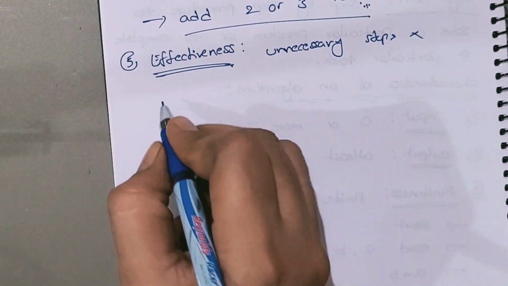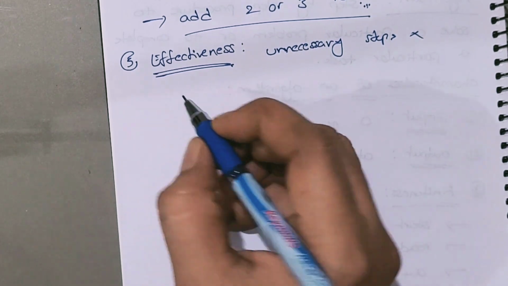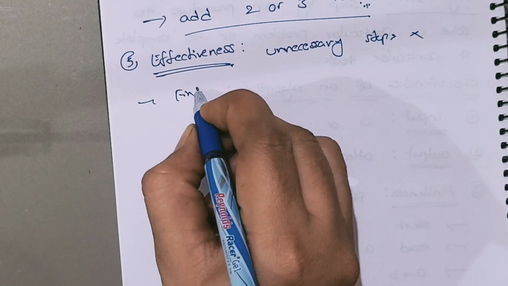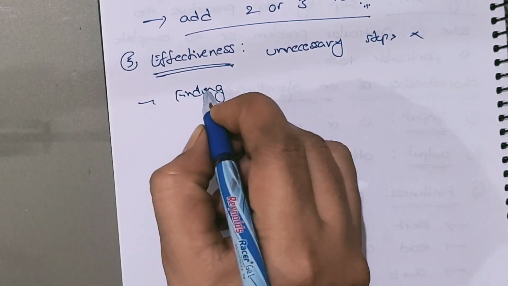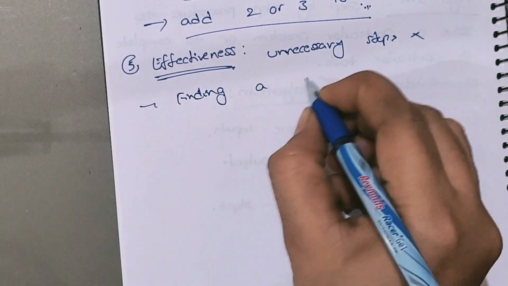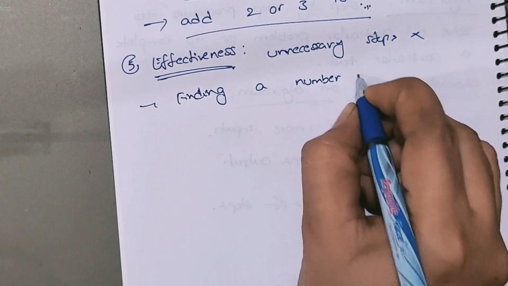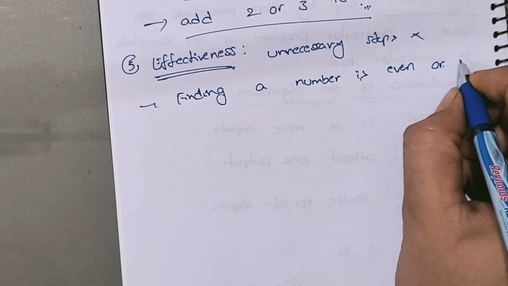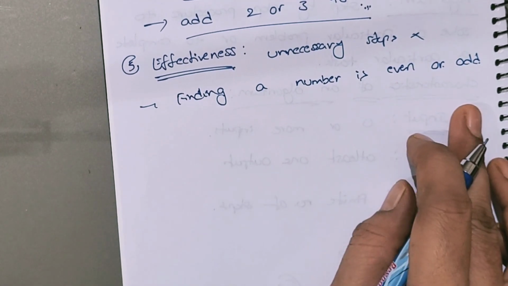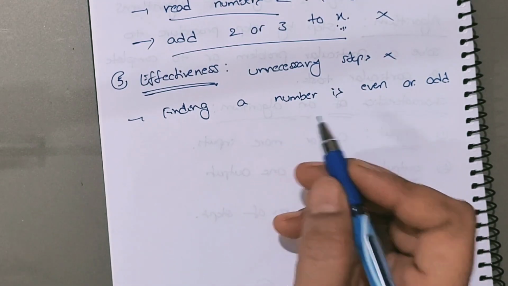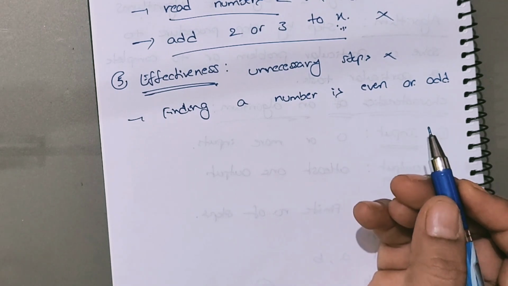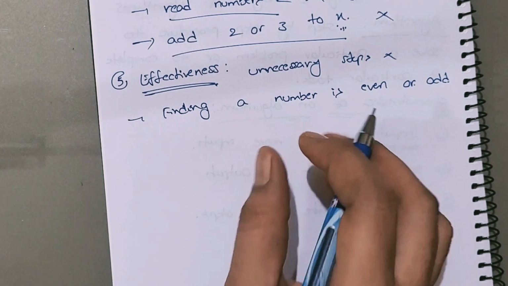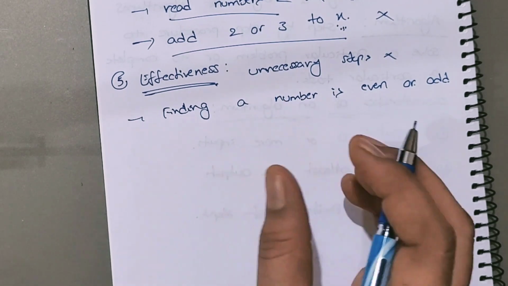For example, if you want to find whether a given number is even or odd, you may have so many logics, but you have to apply only one logic. One logic is enough to find out if the number is even or odd.